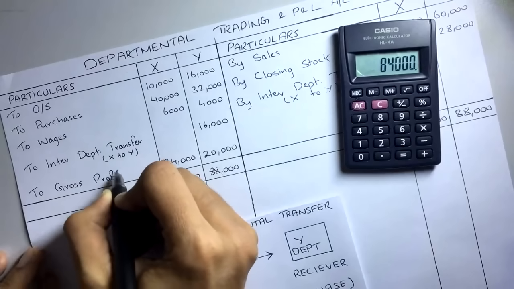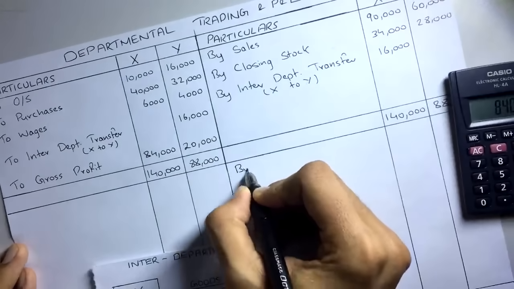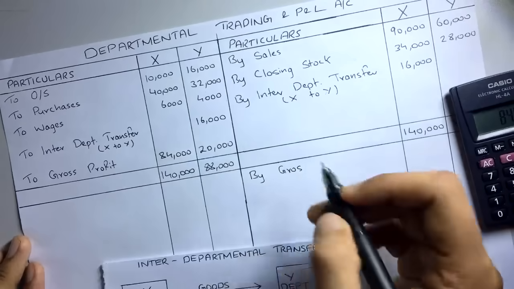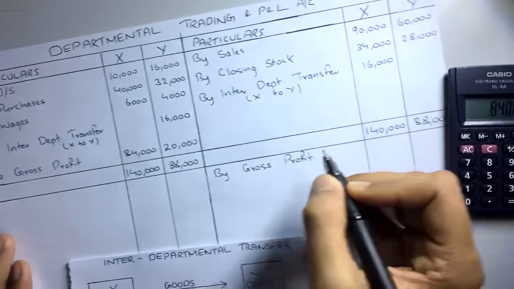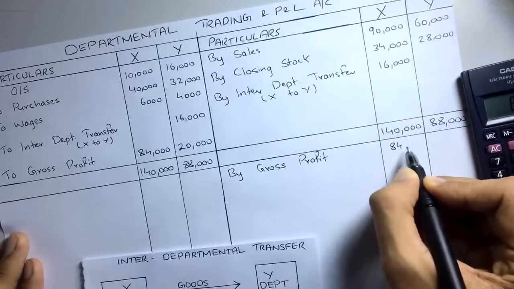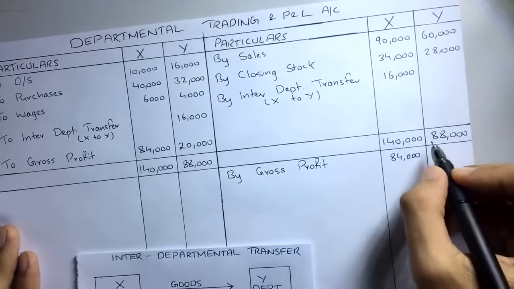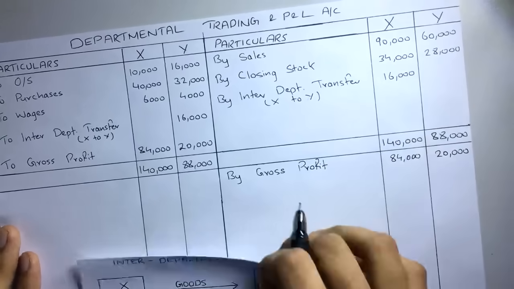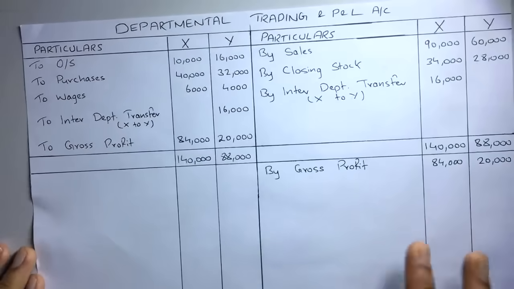Now this gross profit will come over here in the P&L account as by gross profit, 84,000 and 20,000. Simple. Now interdepartmental transfer is over, trading account is over. Now let's do the P&L account.